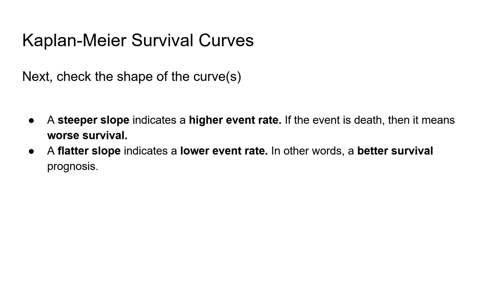So we can check the shape of the curve. The steeper the curve, the higher the event rate, right? So if your curve goes down fast, it's likely that survival is shorter for whatever we're looking at, if we want to use survival as an example. If it's a flatter curve or a lower slope, that's a lower rate of occurrence, right?